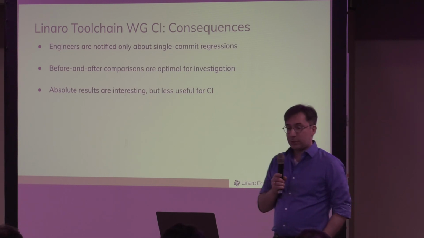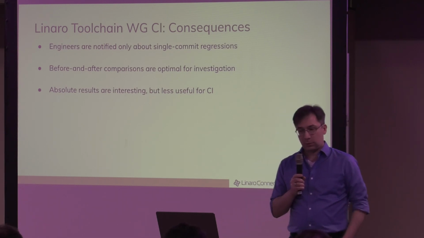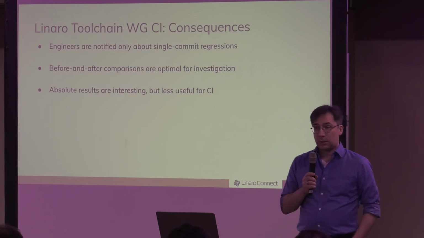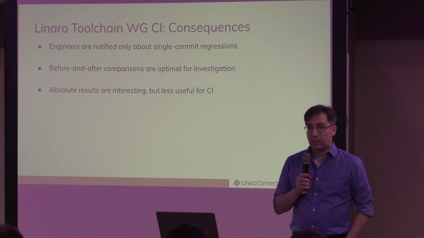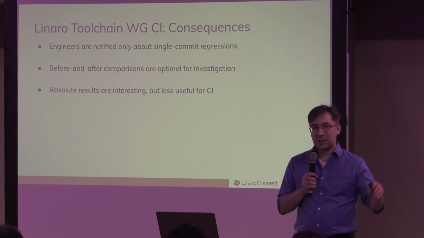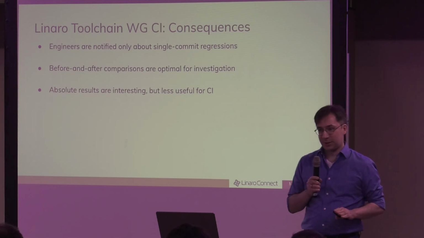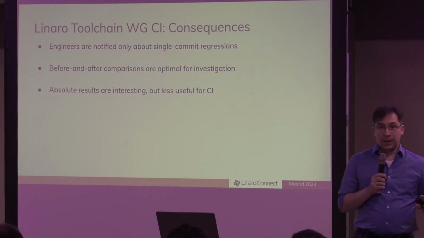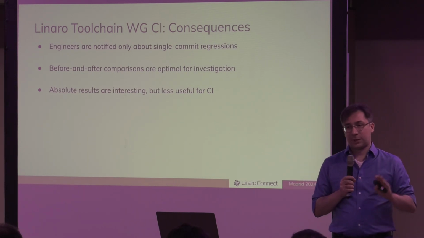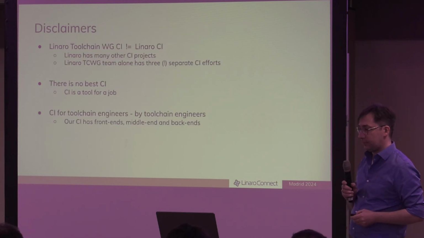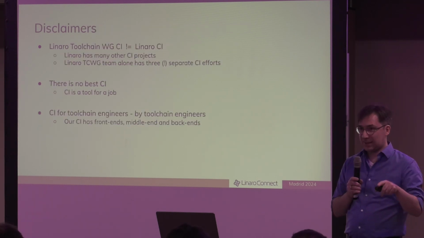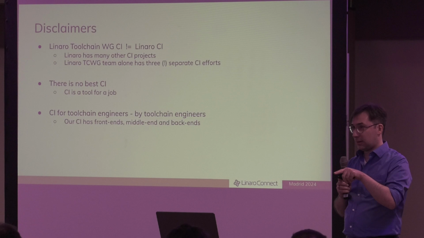And finally, absolute results are useful and interesting, but they are interesting to see the history of what has been happening to a given configuration. They are not as interesting for CI itself, I would say for the automated analysis that drives CI.